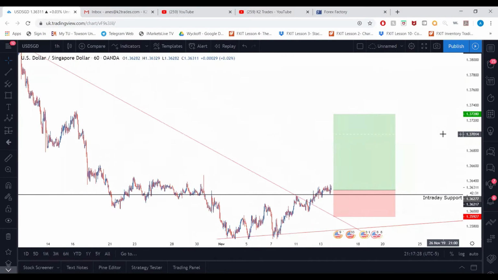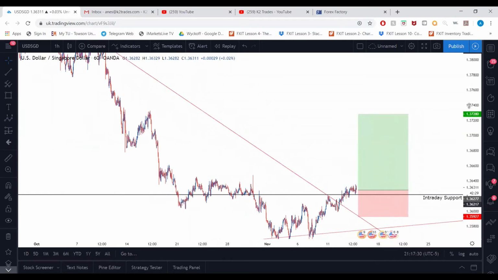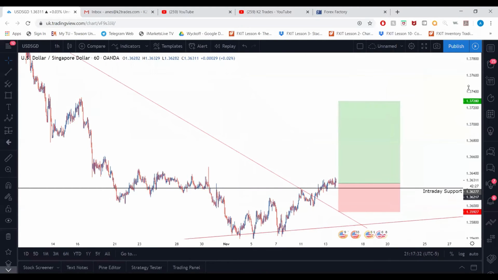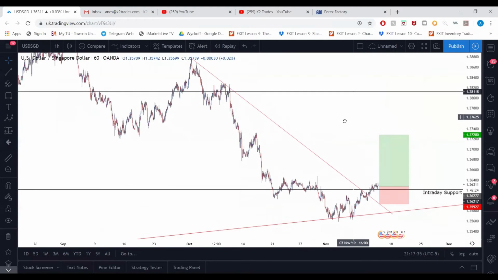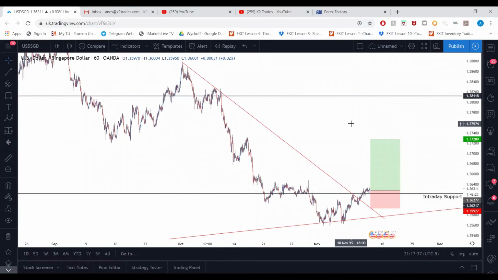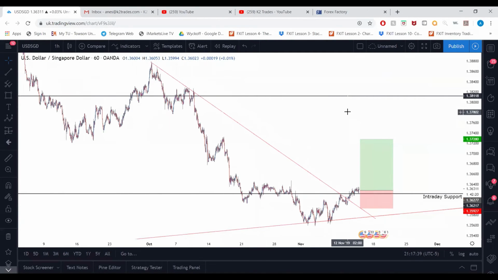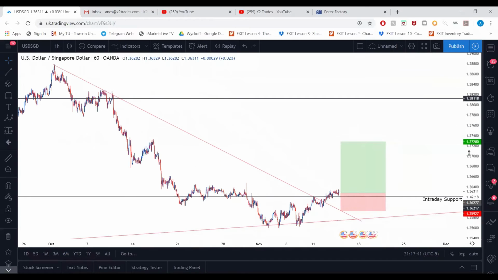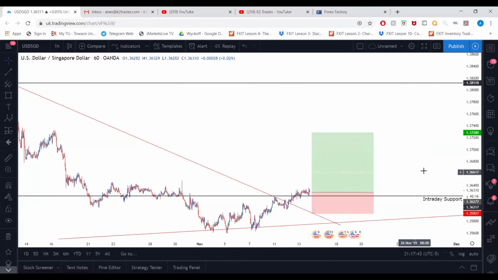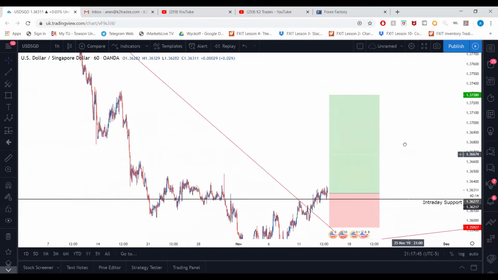But I'm not entering this trade. I'm just giving insight on it. I don't trade this, so I'm very disciplined as far as the pairs I trade. But yeah, as far as the buy setup, it really looks nice.